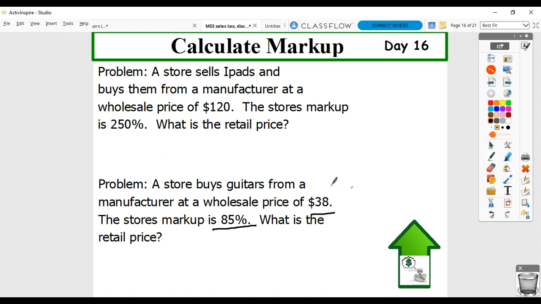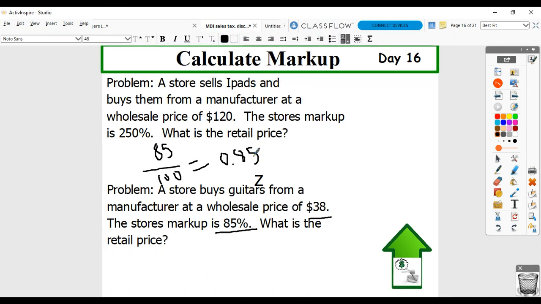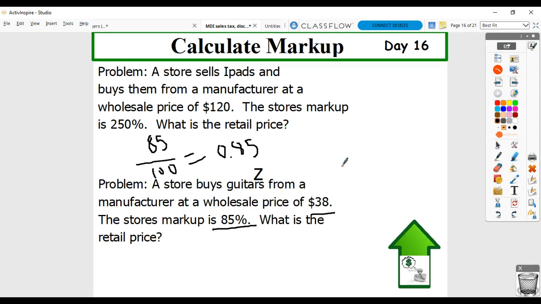All right, so in this case, my percent is 85. So we take 85 over 100, which gives me 0 and 85 hundredths. Now, because this is a percent problem, we simply multiply it by our cost, which is $38.